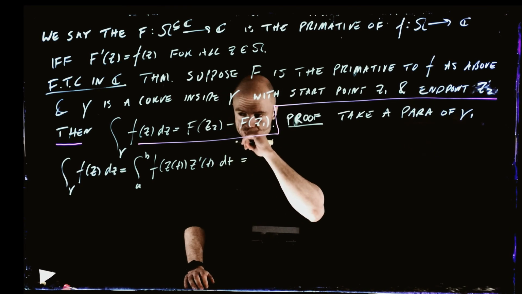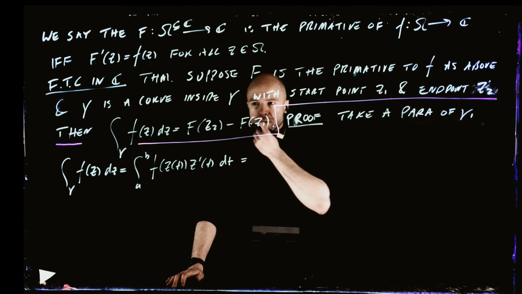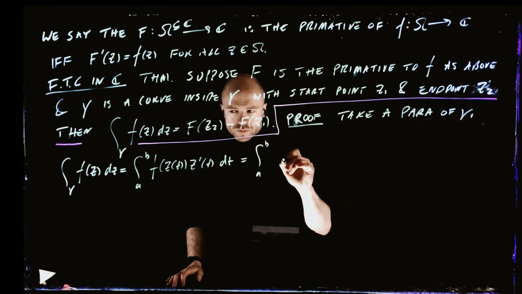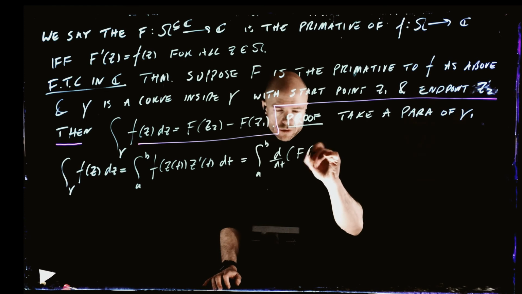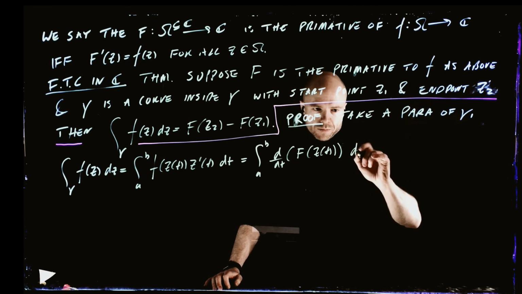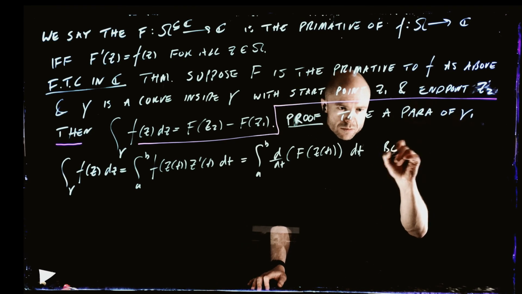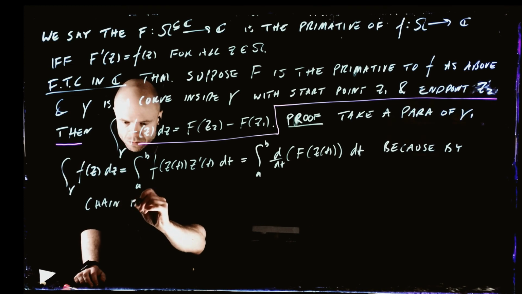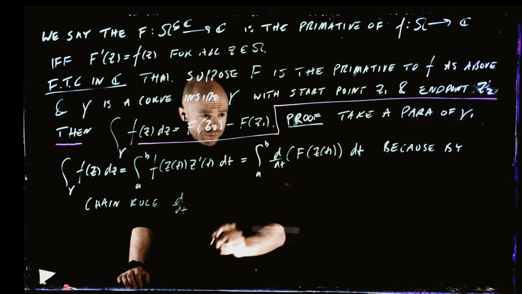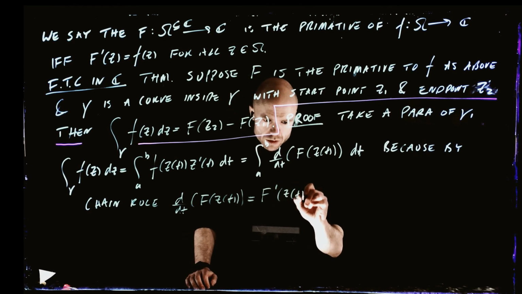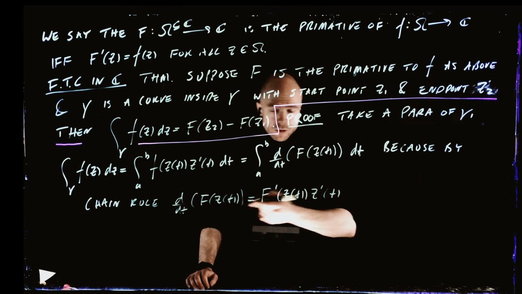This is the same as integrating from a to b of d by dt of capital F of z of t, because by the chain rule, d by dt of capital F of z of t equals this thing, the complex derivative, times this thing.